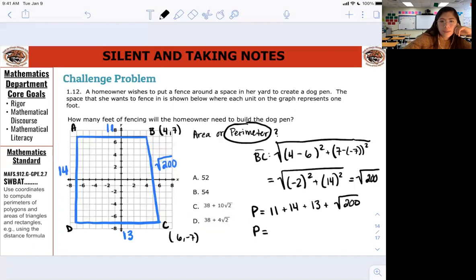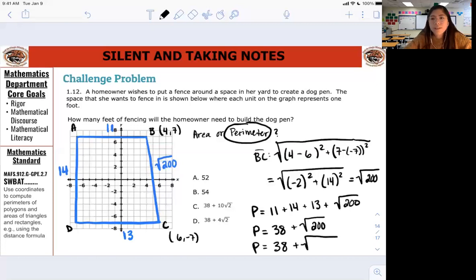Okay, so we get 38 plus the square root of 200, and look what they did. They turned the square root of 200 into, I forget what that's called, but they took one of those numbers out. So let's figure out how to do that. Let's split the square root of 200 up into some factors. Is there a factor of 200 that you can take the square root of?